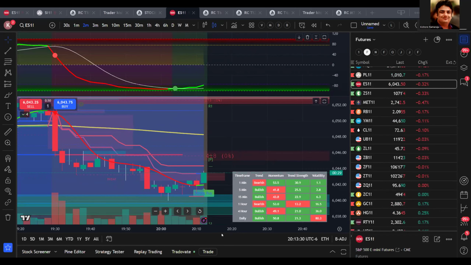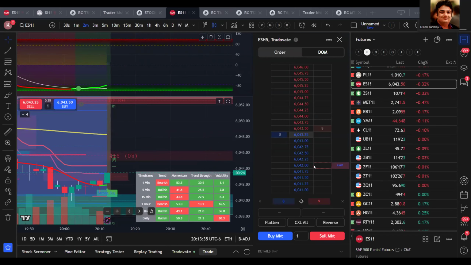Yes, it is starting to go up. This one is starting.